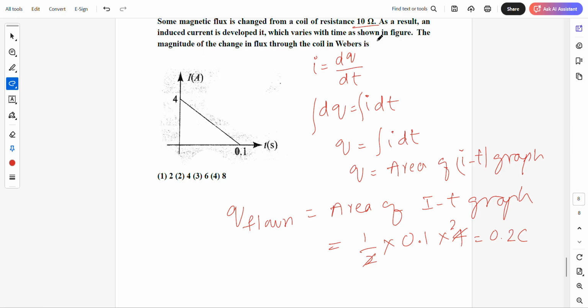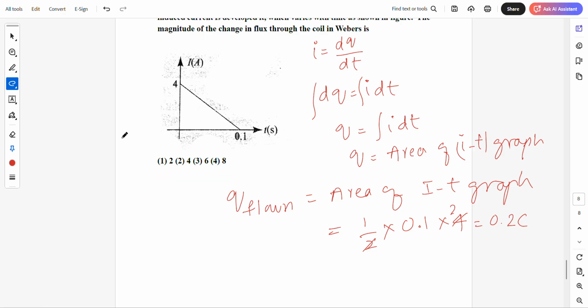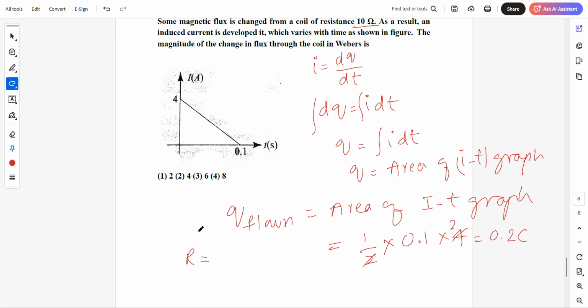R. We have calculated. First, as soon as you see IT graph, calculate Q. Okay, Q you know. R they have given. R is how much? R is 10 ohm. We have calculated how many coulombs? This is Q flown. Okay, Q flown is equal to 0.2 coulomb.